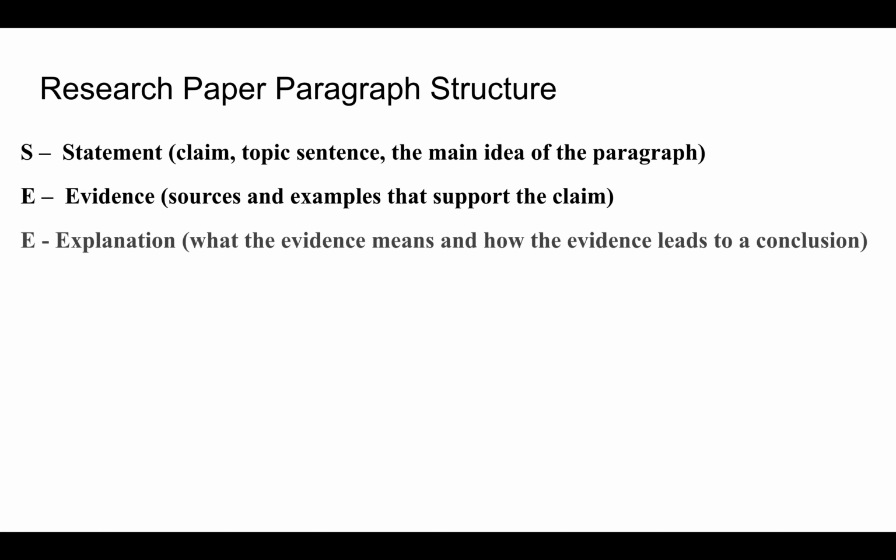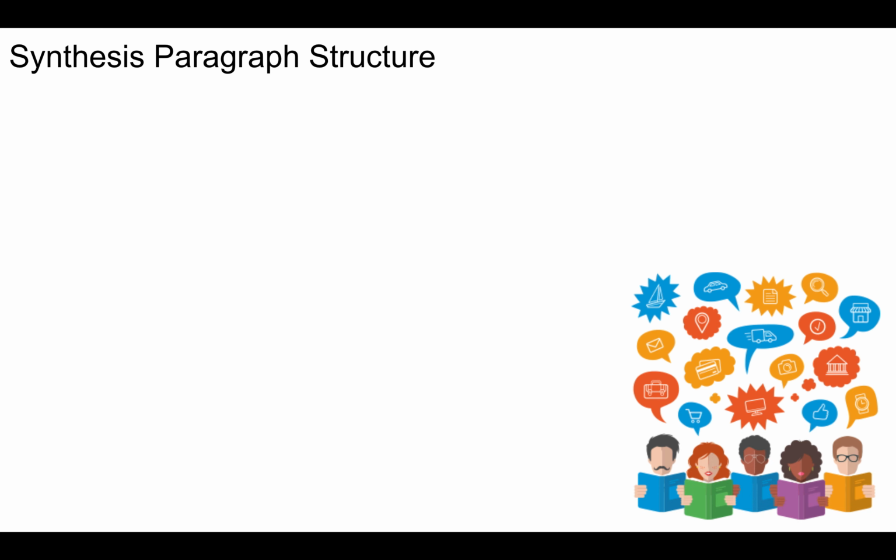This is going to be examples coming in. This could be a personal story coming in. So any source or example that supports the claim. And then, of course, explanation on the end of the paragraph or after we pull in any evidence. So even throughout the paragraph, we explain what that evidence means and how that evidence leads us to the conclusion that we're trying to argue for in the paper. Of course, the paragraph will end with a tie back to the thesis.